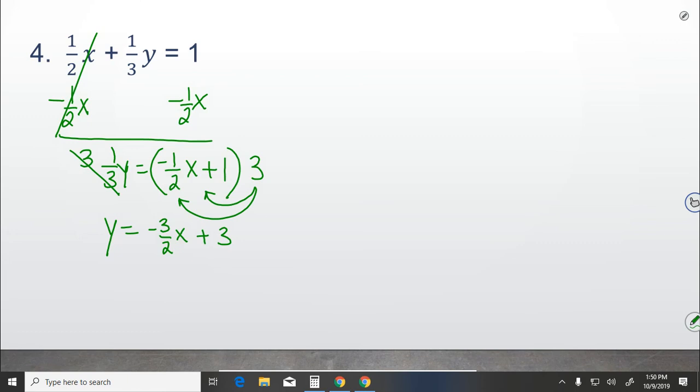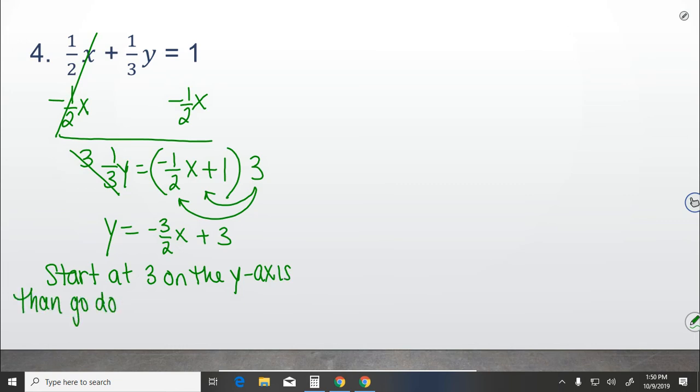And if I wanted to write my sentence for how I would graph this, I would start at 3 on the y-axis. Then go down 3 and right 2 repeatedly.